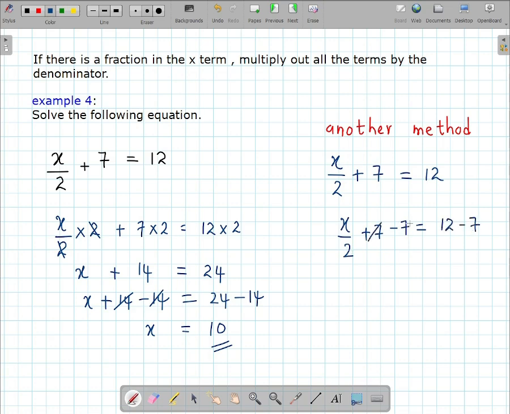Then plus 7 minus 7 gone. x over 2 equals 12 minus 7, that is 5. Then x over 2, denominator 2, multiply each and every term by 2. Then 2 and 2 get cancelled. x equals 5 times 2, that is 10.